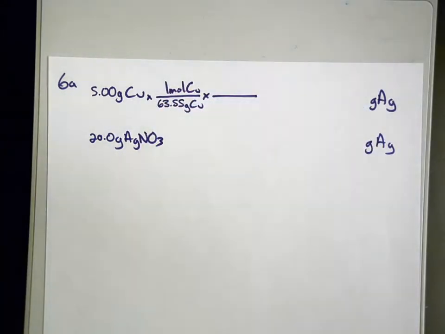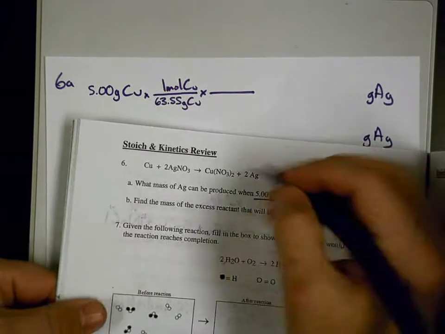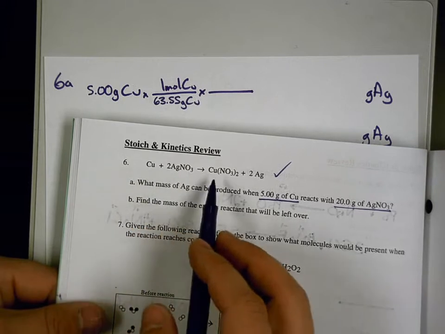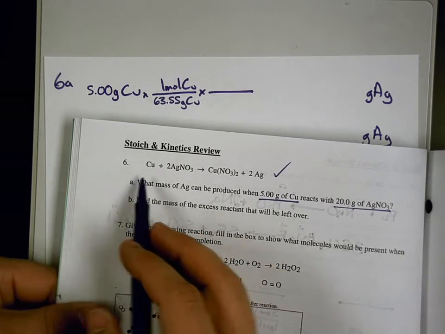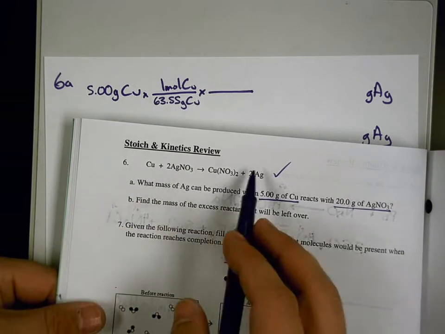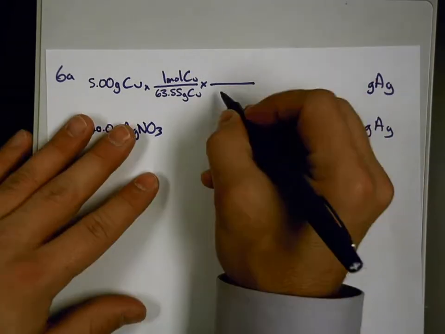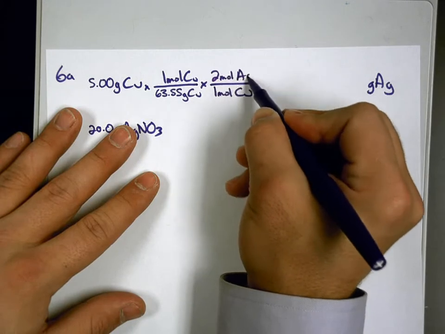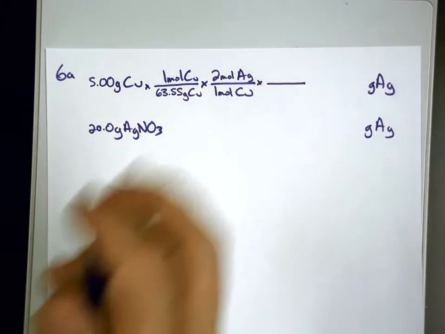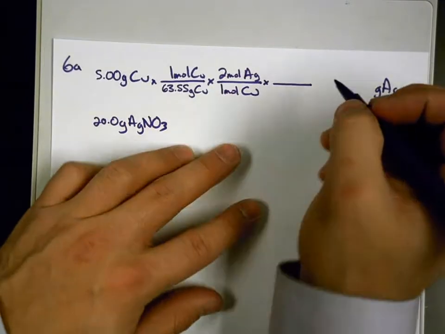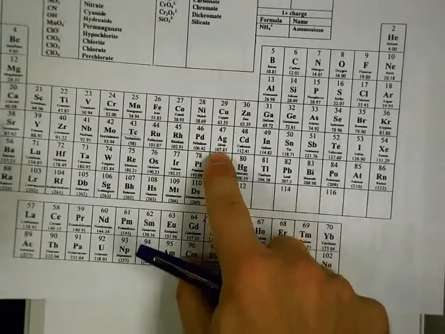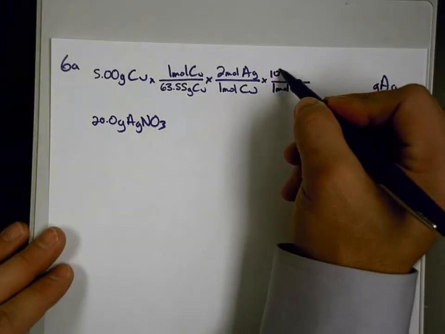We now need the balanced equation ratios. And again, this problem was already balanced because the numbers were already there. So for every 1 mole of copper, we produce 2 moles of Ag. And then the molar mass of Ag, for every 1 mole of Ag, silver is 107.87 grams per mole.